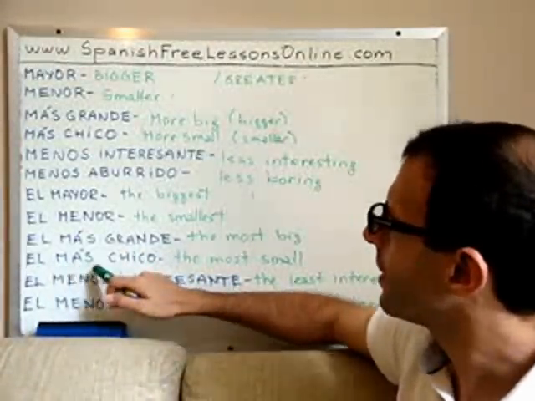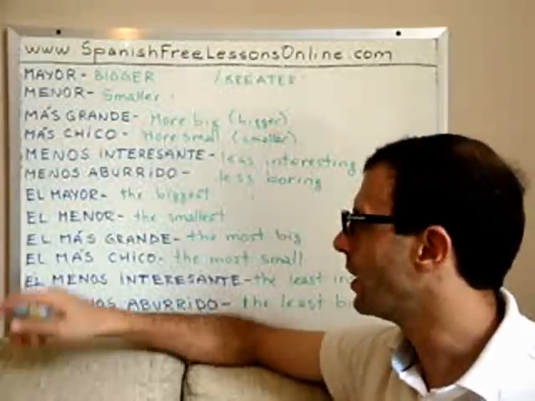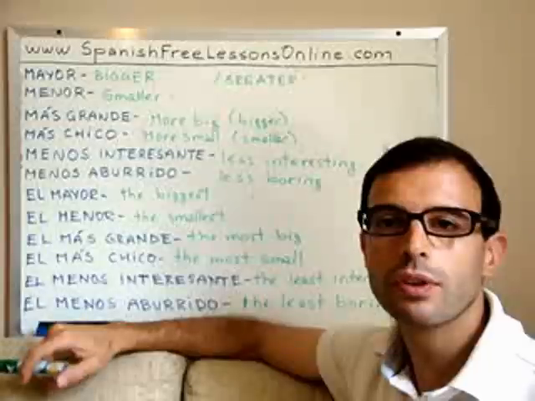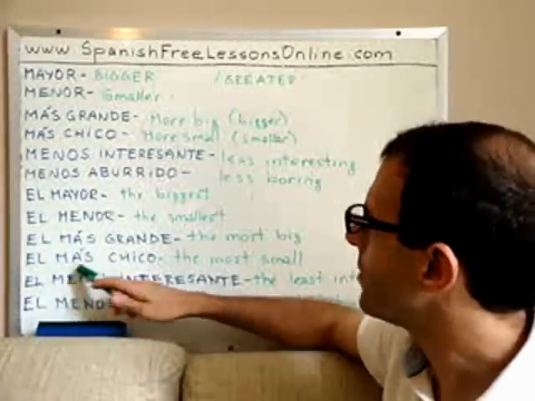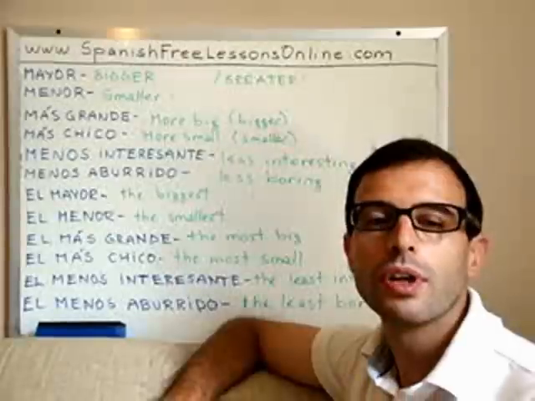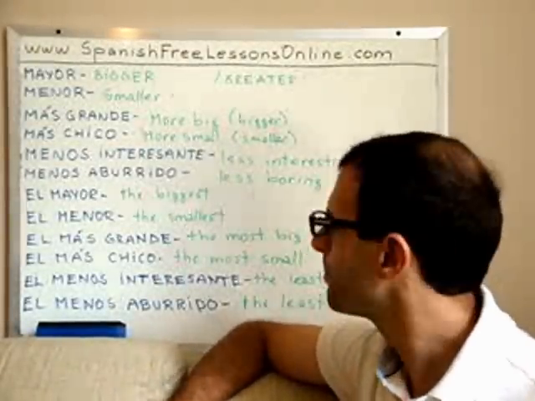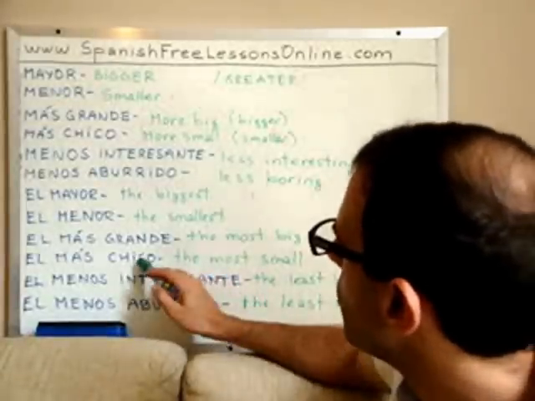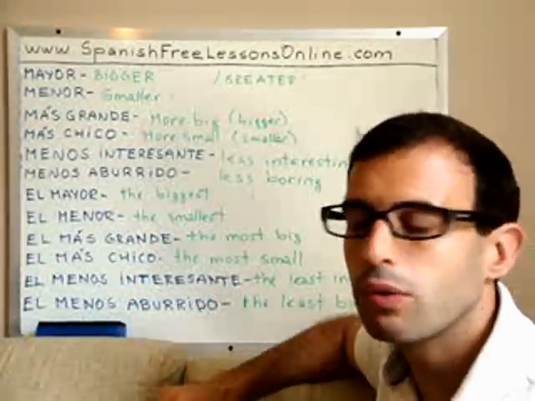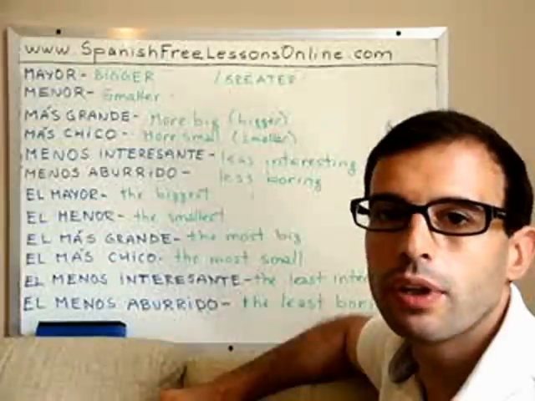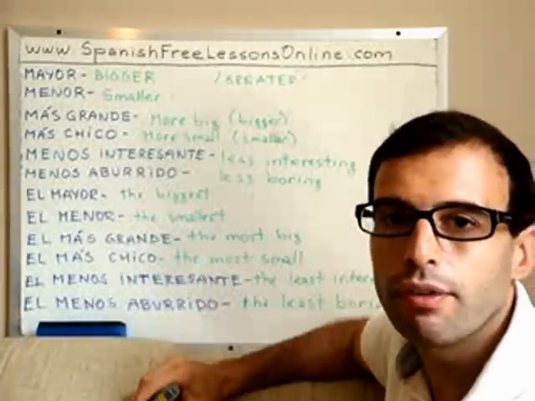El más chico, the most small or the smallest. Again, el menor would be the smallest, but referring to people, it would mean the youngest. El más chico would be the smallest, and when referring to people, it refers to smaller in size. And chico, you see the word in infinitive ends with O. So this word becomes masculine for the masculine and adds an A at the end for the feminine nouns.